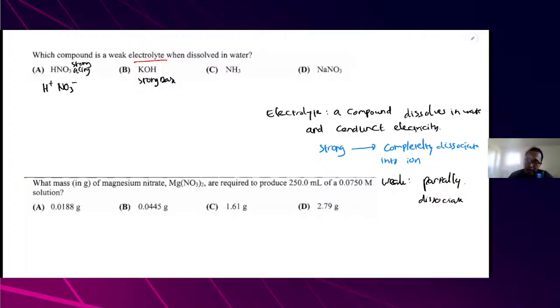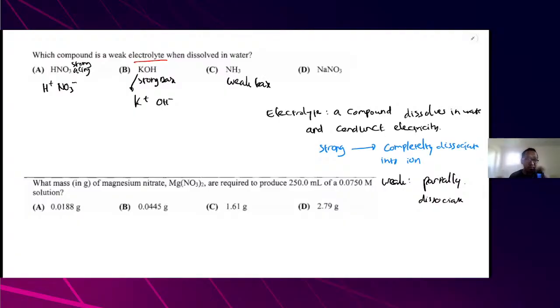How about NH3? When we dissolve potassium hydroxide in water, it will be K plus and OH minus. And then how about NH3? Ammonia is a weak base.